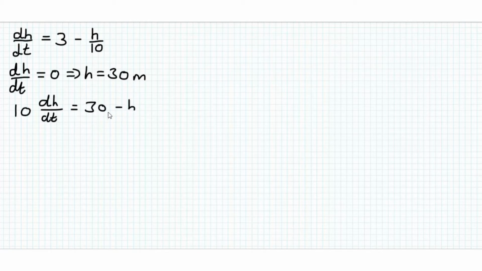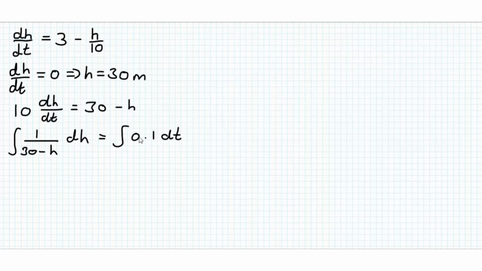And I'm going to divide by 30 minus h and divide by 10, then bring up this dt and integrate both sides. So I'm going to get the integral of 1 over 30 minus h with respect to h equals the integral of 0.1 with respect to t.